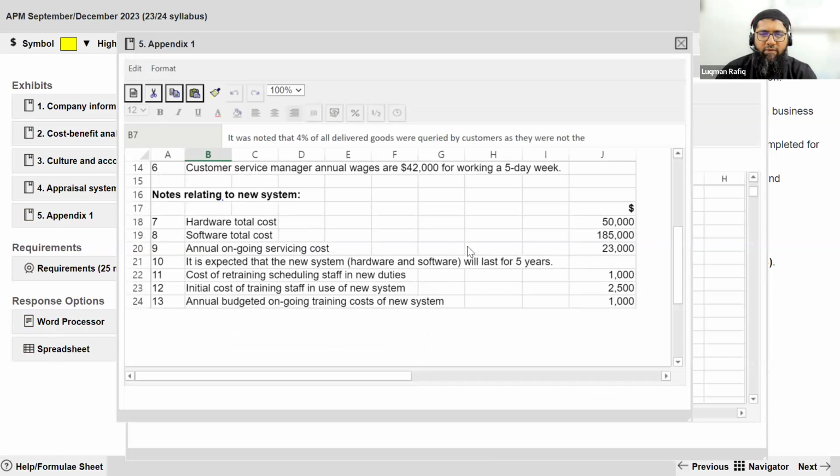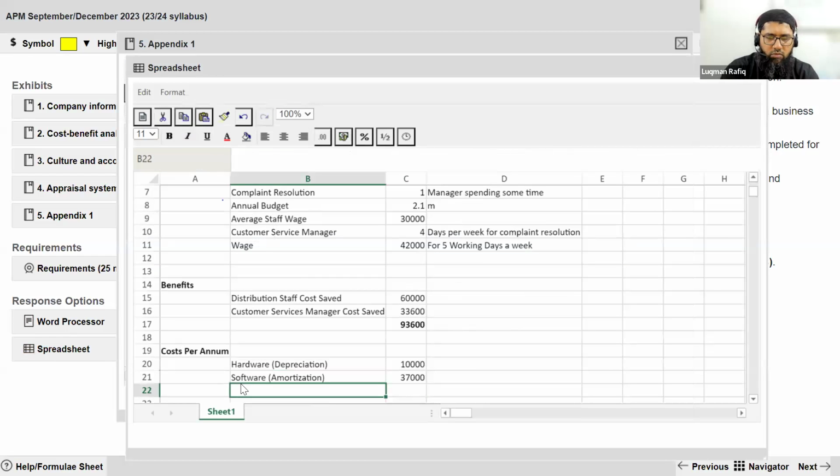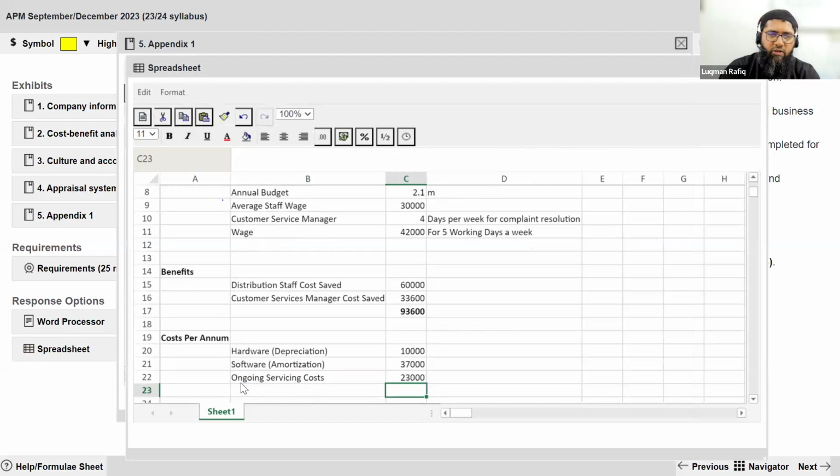Then we have the annual ongoing servicing cost, which is going to be 23,000.